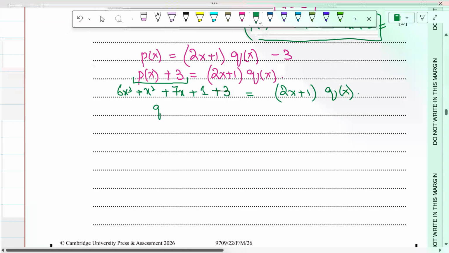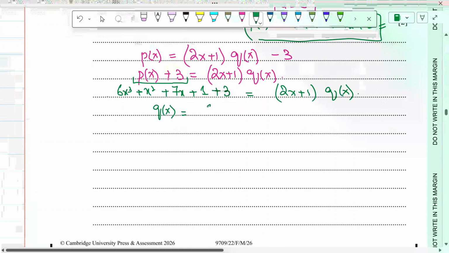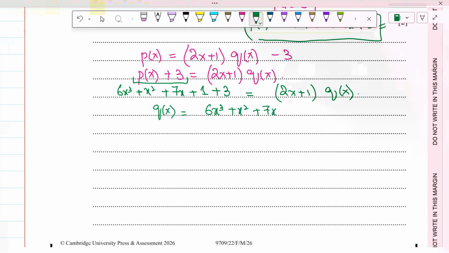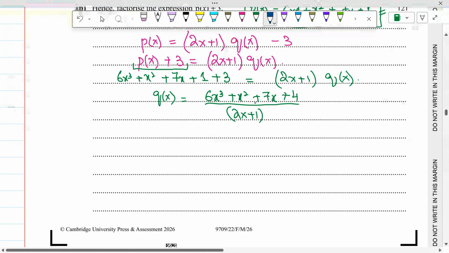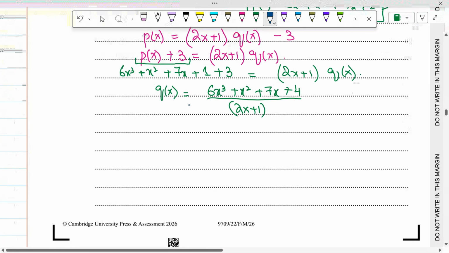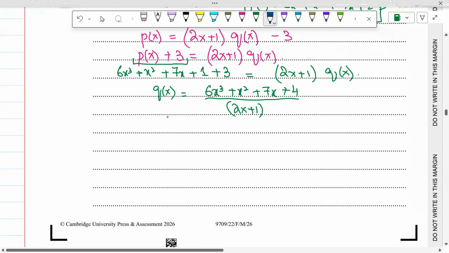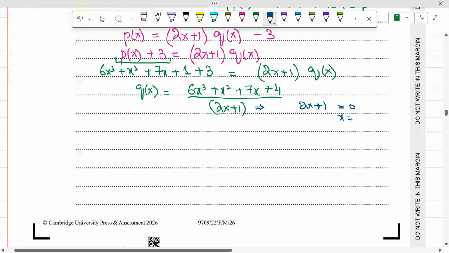So q of x equals 6x cubed plus x squared plus 7x plus 4, over 2x plus 1. We can use the division method or the synthetic method, so we will apply the synthetic method. For example, 2x plus 1 equals 0, and x equals negative half.